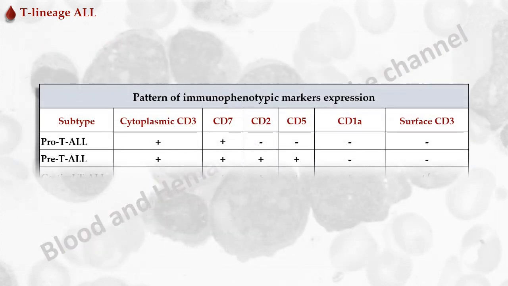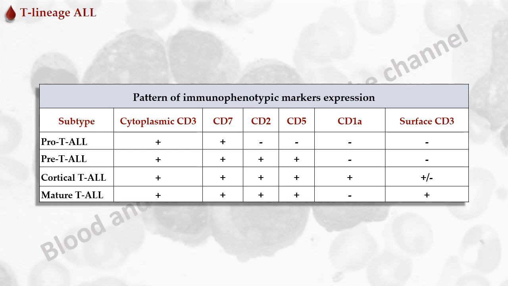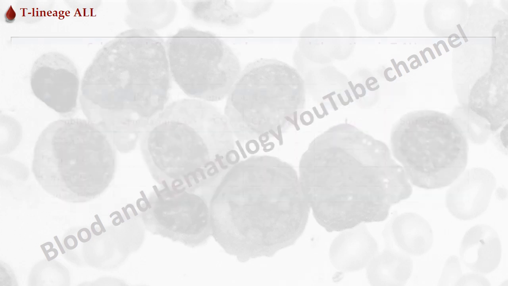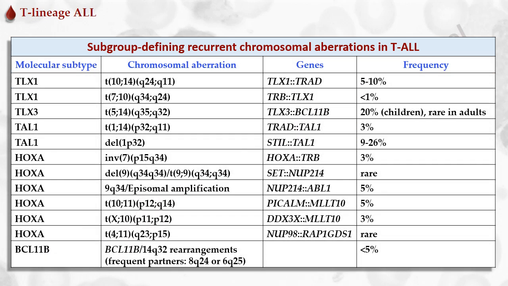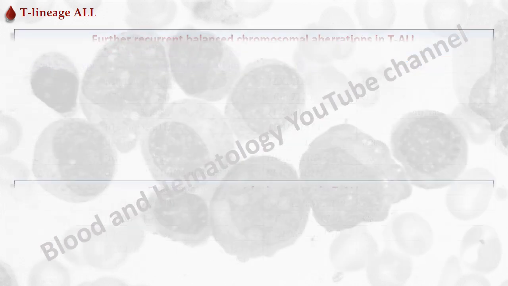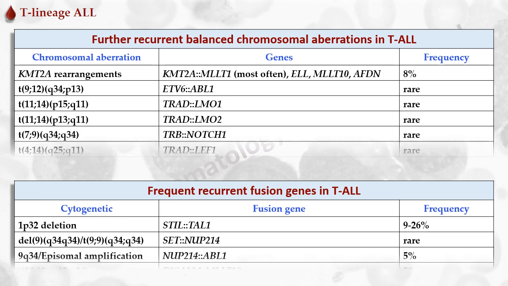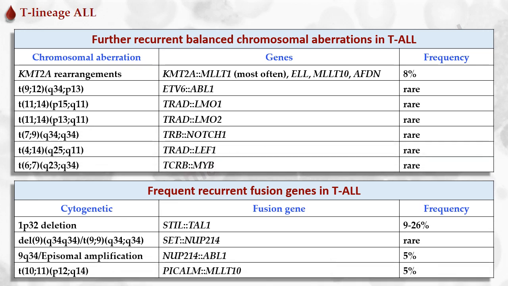The pattern of immunophenotypic marker expression in T-ALL subtypes is summarized in the table. T-ALL can be classified into molecular subgroups. Further recurrent balanced chromosomal aberrations and frequent recurrent fusion genes in T-ALL are listed in the tables.